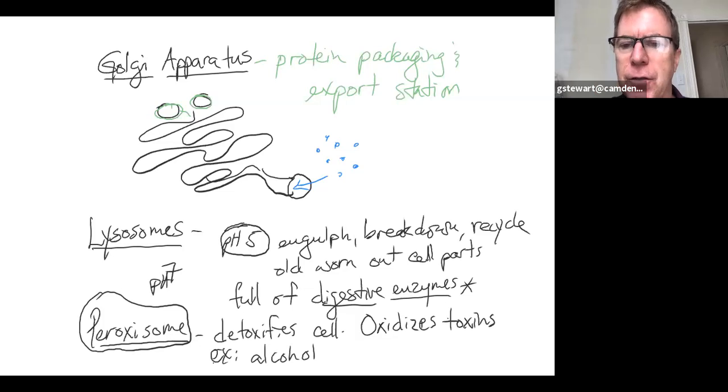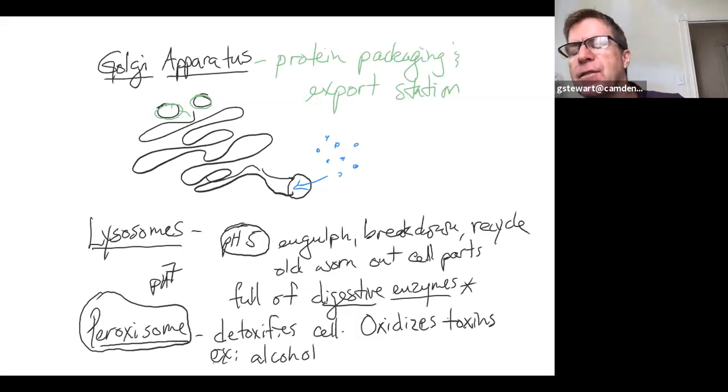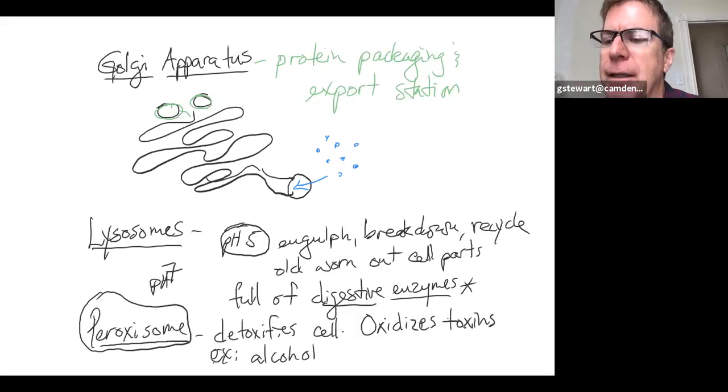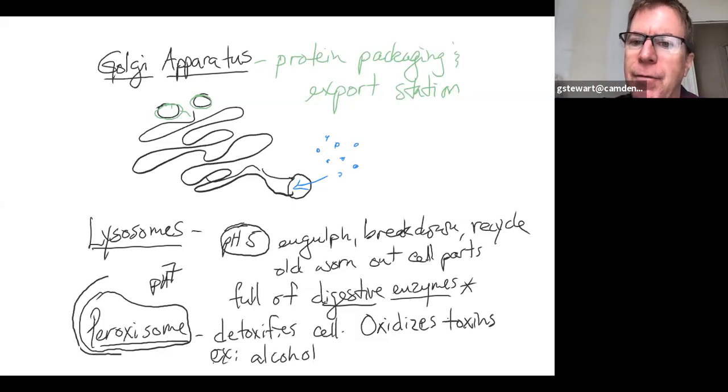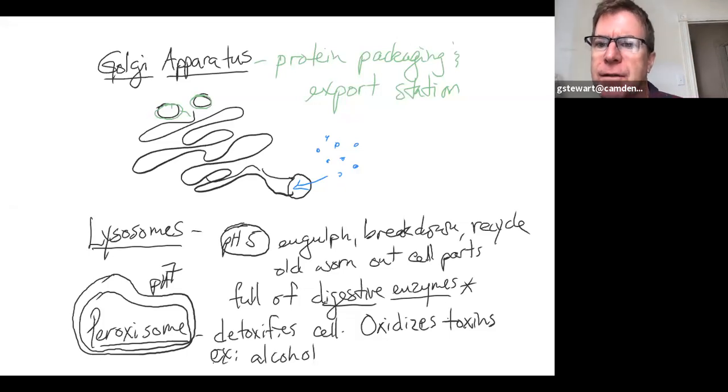Here's the catch though. In that process of detoxifying and oxidizing things, it produces hydrogen peroxide, which is poisonous to the cell as well. The good news is that hydrogen peroxide stays inside of the peroxisome and never really makes its way into the cytoplasm of the cell. And then hydrogen peroxide actually gets broken down inside of the peroxisome.